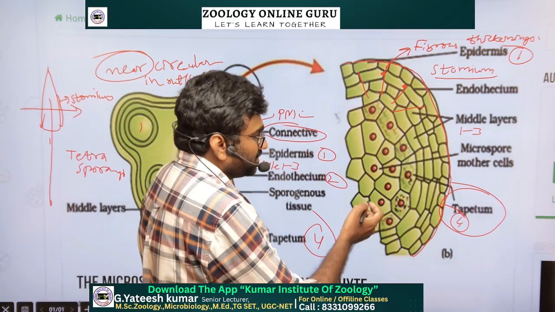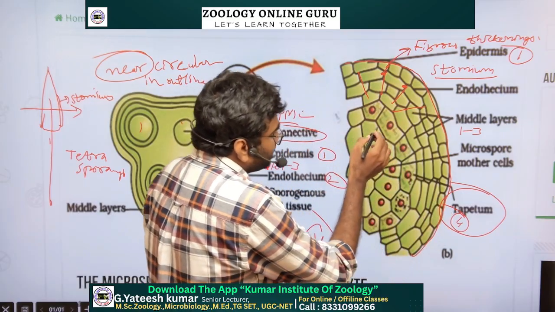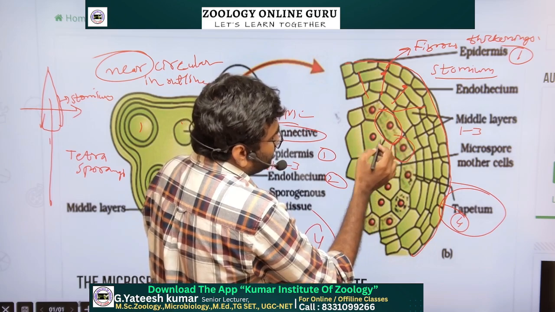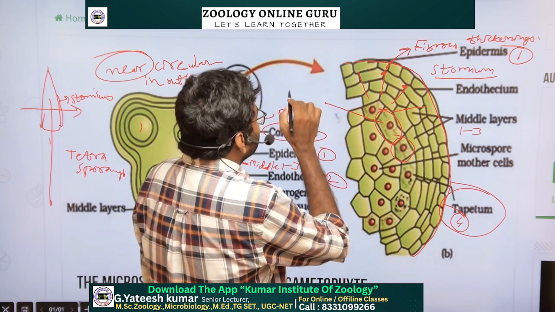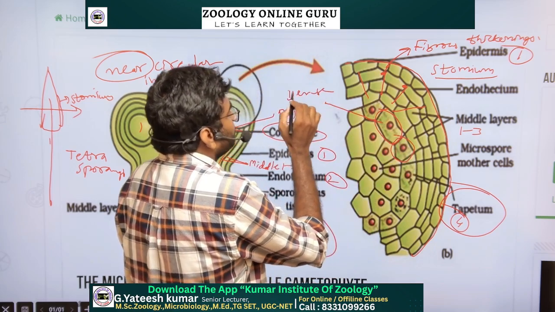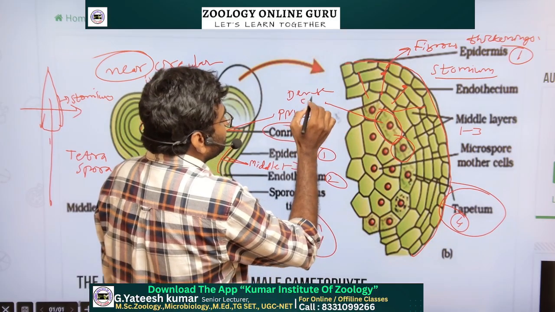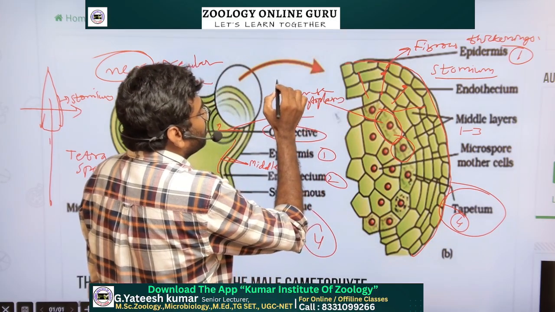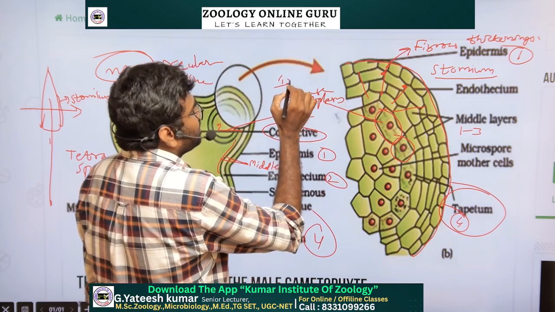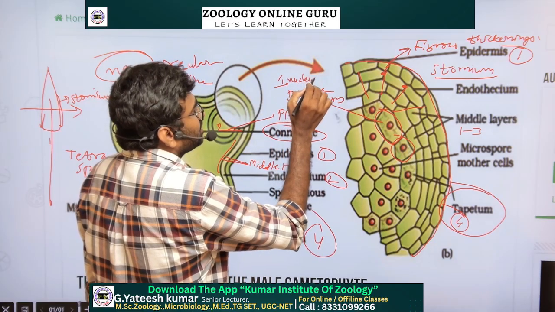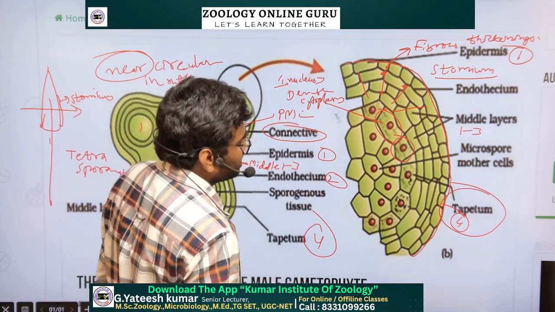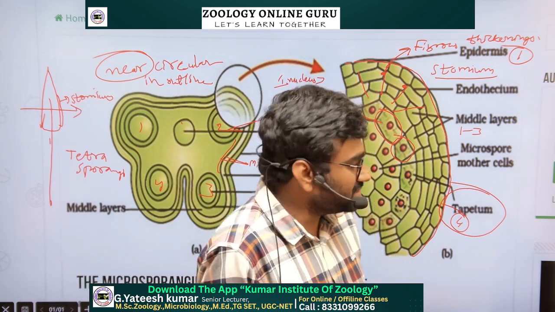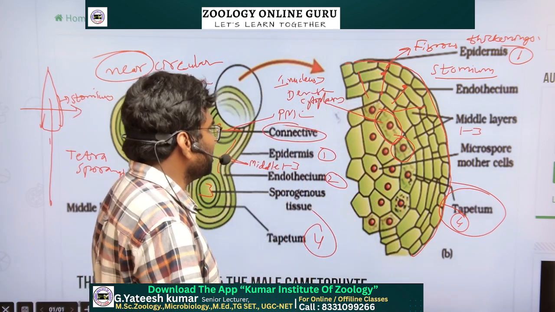In the tapetum, cells are usually larger, compactly arranged, with dense cytoplasm, and we can observe more than one nucleus.